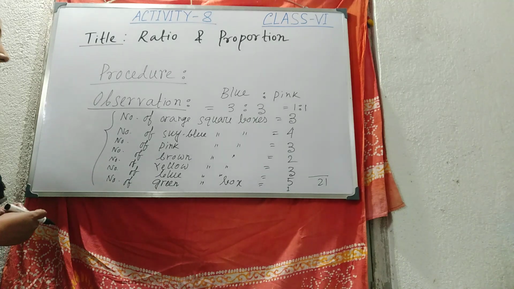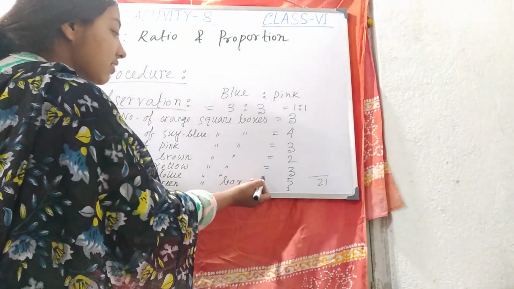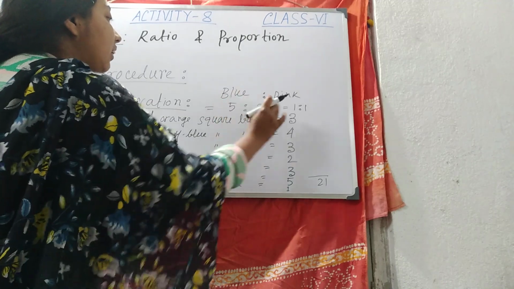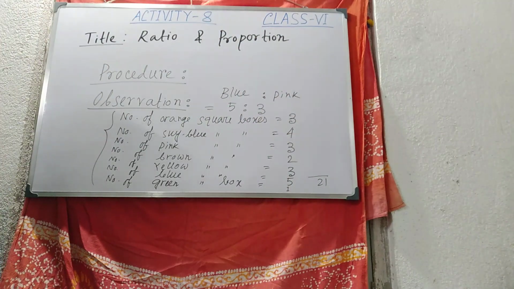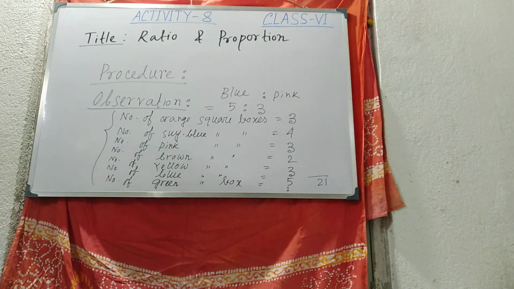So here you can see the number of blue square boxes is 5. So definitely here we have to take 5 is to 3. And both 5 and 3 are co-prime, means prime to each other. So they are already in their reduced form, means they are already in their simplest form.